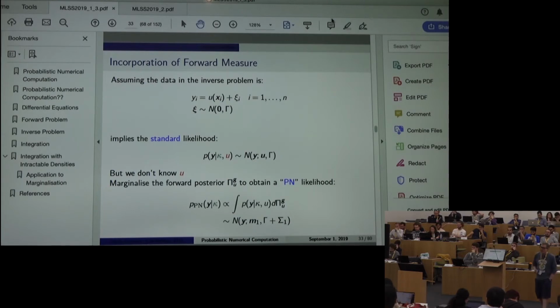And what we can do is we can take the posterior probability distribution for U conditional on G, and because that in itself is a Gaussian process, and because the likelihood also has a multivariate normal distribution, then we can integrate, or we can marginalize the effect of U, and so we can define marginal probability for the data conditioned only on the remaining thing that we don't know about, which is kappa.